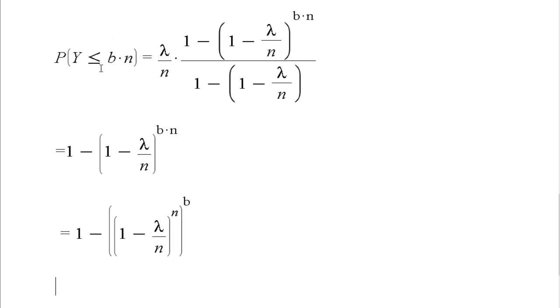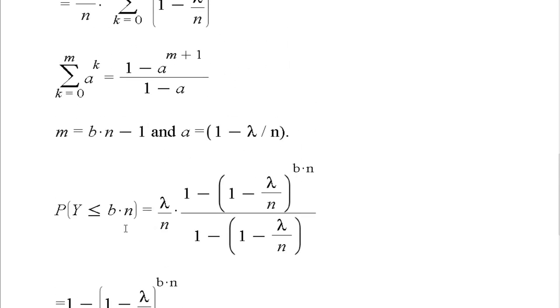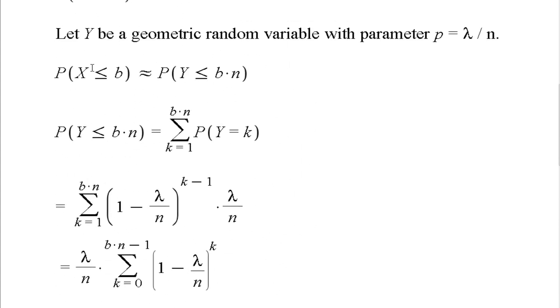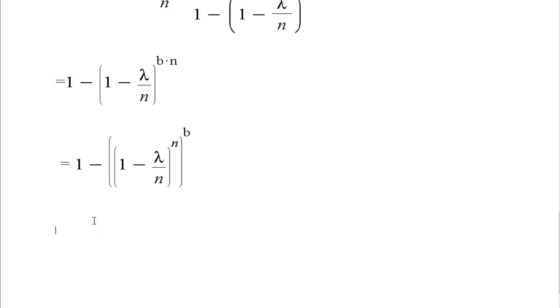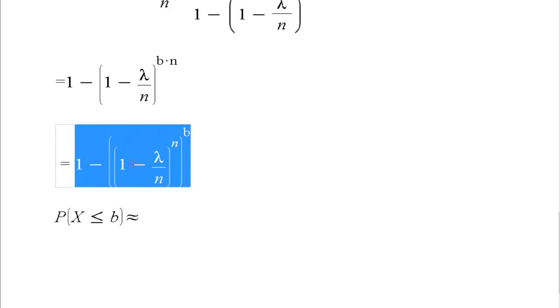So we had that this probability is that, and we had that the probability that X is less than or equal to b was approximately equal to that. So that gives us that the probability that X is less than or equal to b is approximately equal to this expression here.